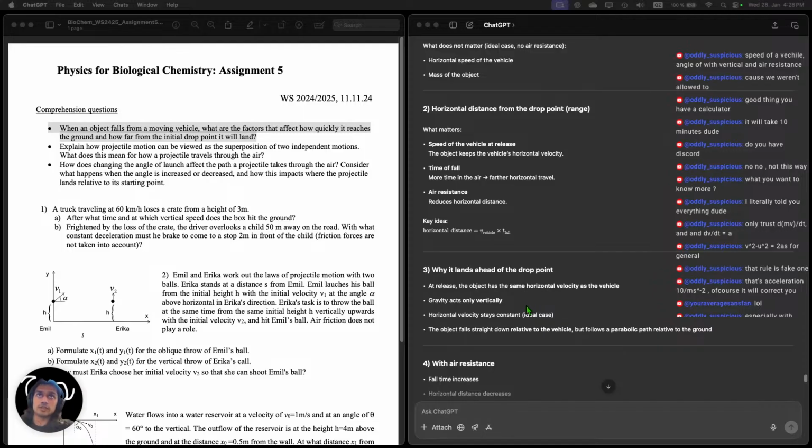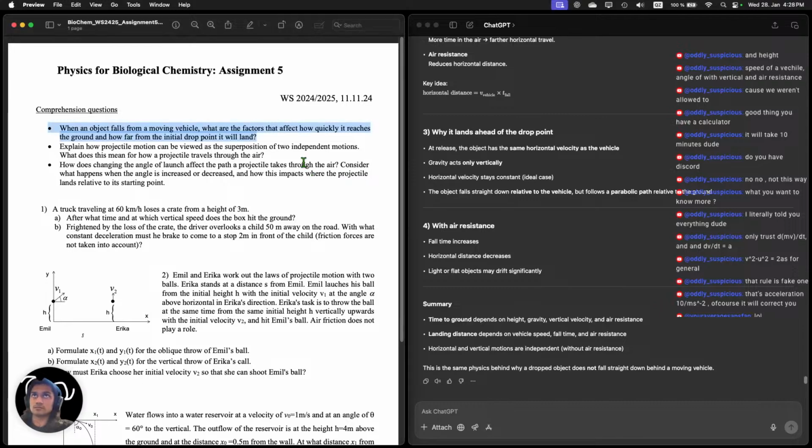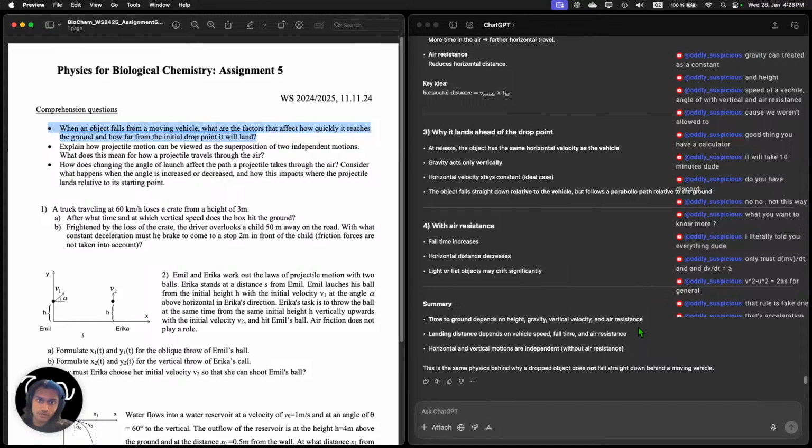Gravity acts only vertically. Horizontal velocity always stays constant. The object falls straight down relative to the vehicle, but follows a parabolic path relative to the ground. Landing distance depends on the vehicle speed, fall time, air resistance, horizontal and vertical motion. Horizontal and vertical motion are independent without air resistance. Time to ground depends on height, gravity, vertical velocity, air resistance. Gravity can be treated as a constant.